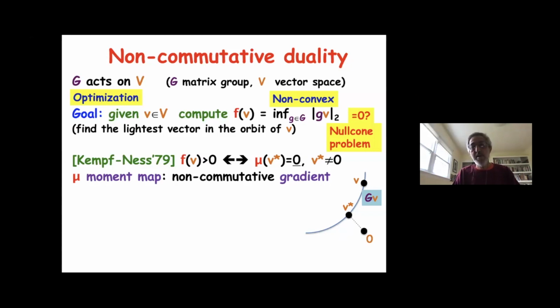So there is an answer. Something is positive if something else is 0. So there is a witness here. This v star, I can give it to you, and you check that it's not a 0 vector, and nevertheless it has a 0 gradient, and that's your witness. So the problem is also morally in coNP. So that's good.